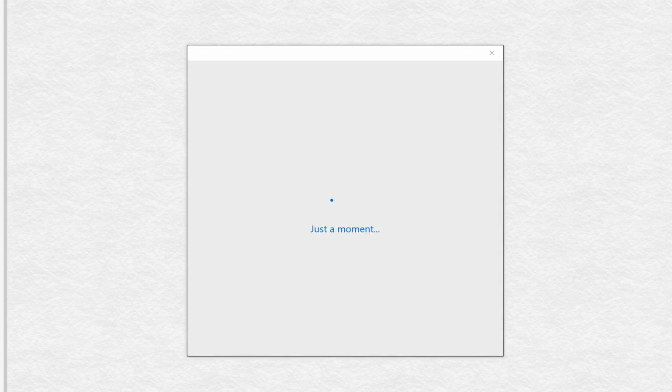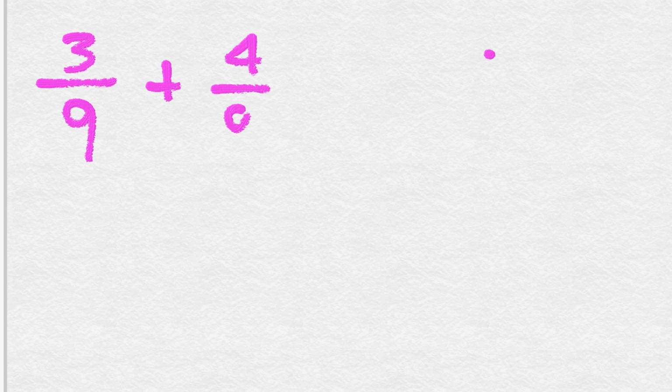Okay, now let's have a look at adding fractions which have a common denominator. Now we know that the top number is called the numerator and the bottom number is called the denominator. When we are adding fractions with a common denominator, another word for common is like.